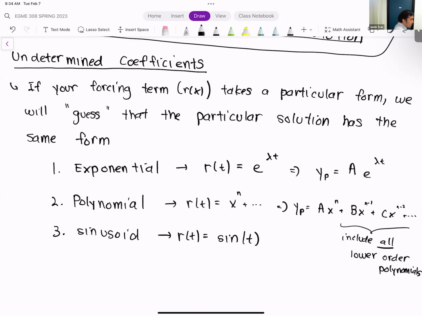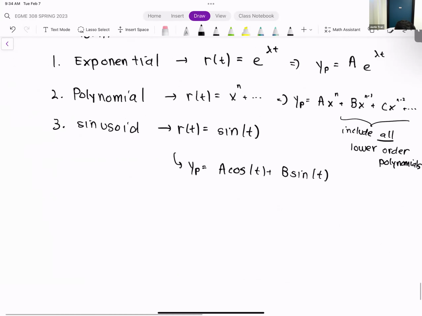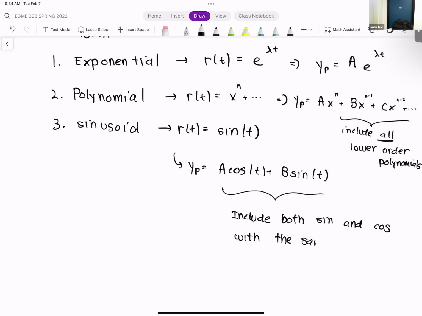All right, so finally for a sinusoid. If you have any sinusoid in the forcing function, whether it be sine or cosine, or maybe both, your guess for the particular solution has to include both sine and cosine. It's very similar to the polynomial.